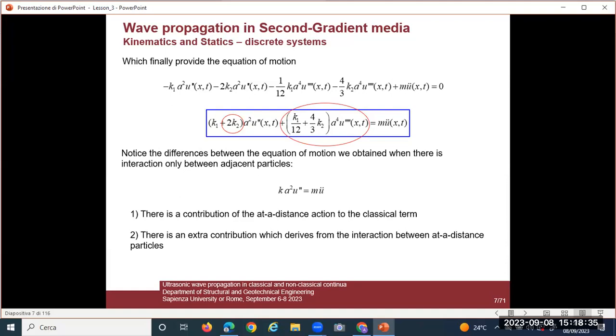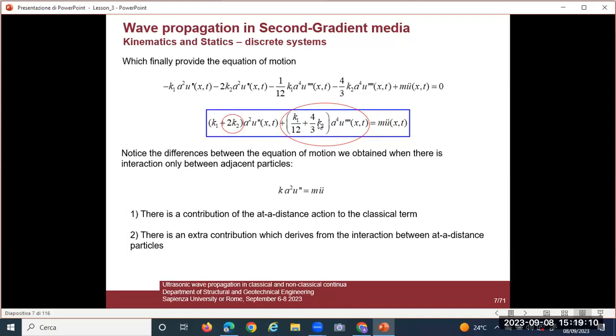Its stiffness, the stiffness which controls this term, derives both from K sub 2, which is the stiffness of the spring which connects at-a-distance particles, and on the stiffness of the spring which connects adjacent particles.